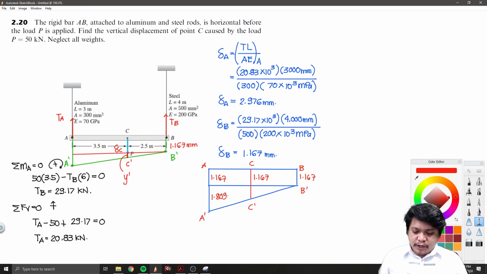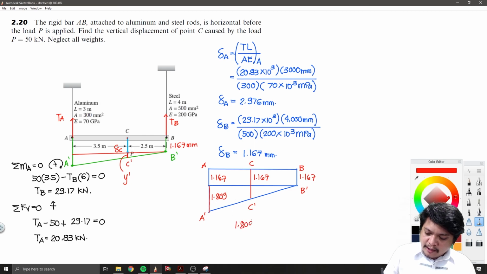Okay? So, i-check natin. So, kailangan kong makuha yon by the deformation. Unahin ko muna to, yung malaking triangle na to sa ilalim. So, I will be having here 1.809 is to 2, distance niya in total, which is 6. Deformation, I will call it as Y. Okay?